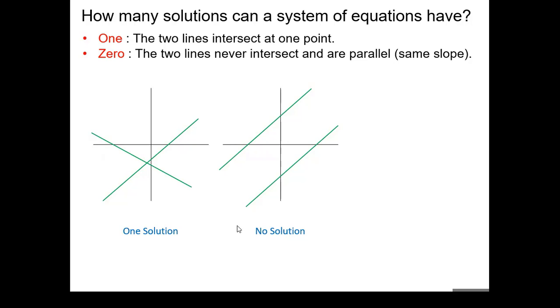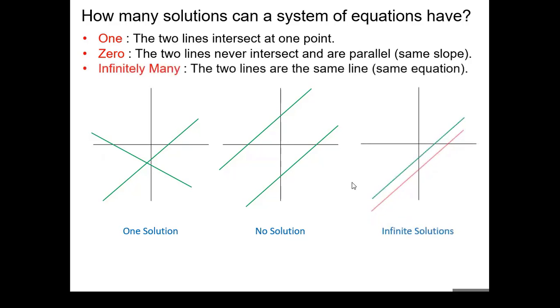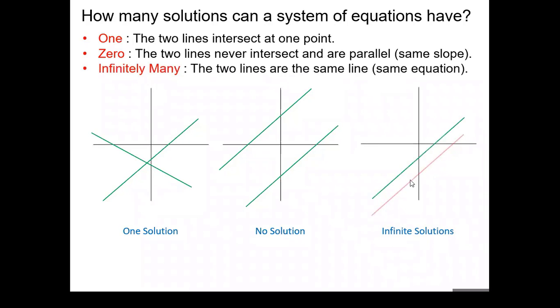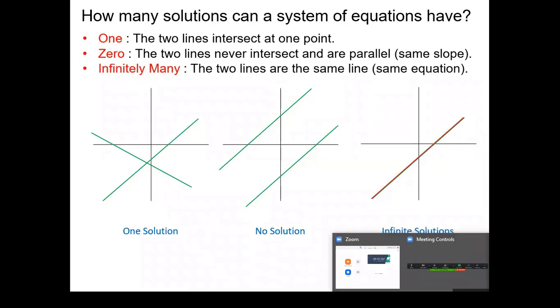So the only other situation that can happen is that we get an infinite amount of solutions. And we could see that if the lines are in fact the same line, if they happen to be on top of each other. And we could see that again if we end up putting them into slope-intercept form in order to graph, and we see that they are in fact the same exact equation.